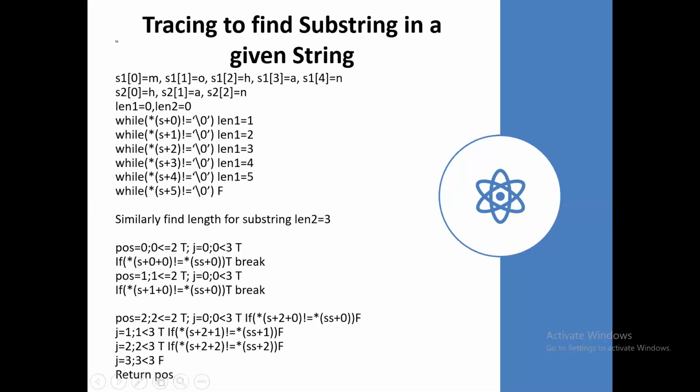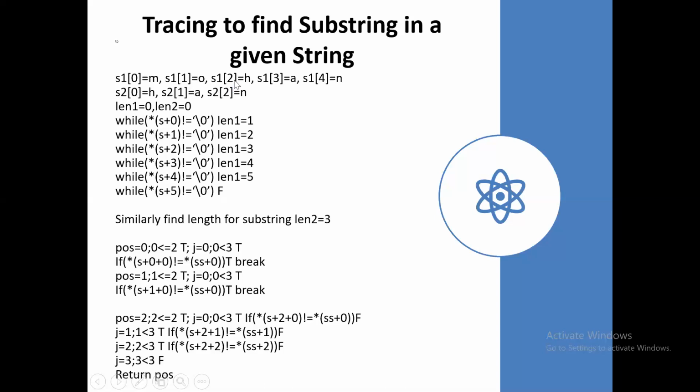This return position plus 1 clearly indicates that the substring is available at position 3, since you are starting from 0, 0, 1, 2. The value is 2 here, but I am writing position plus 1.